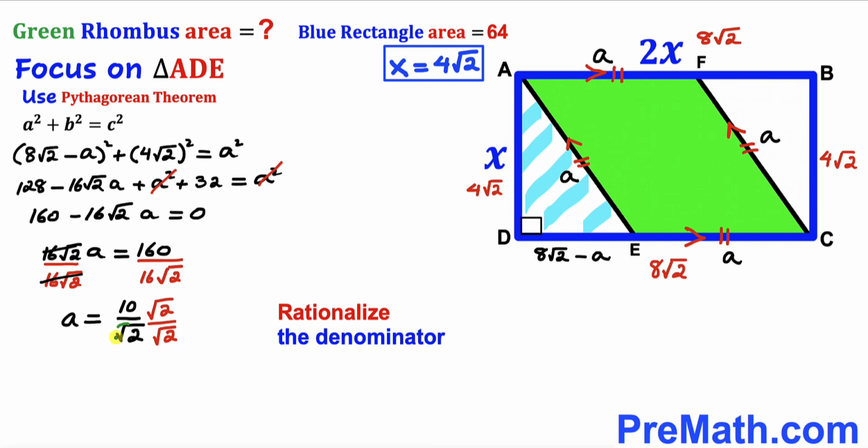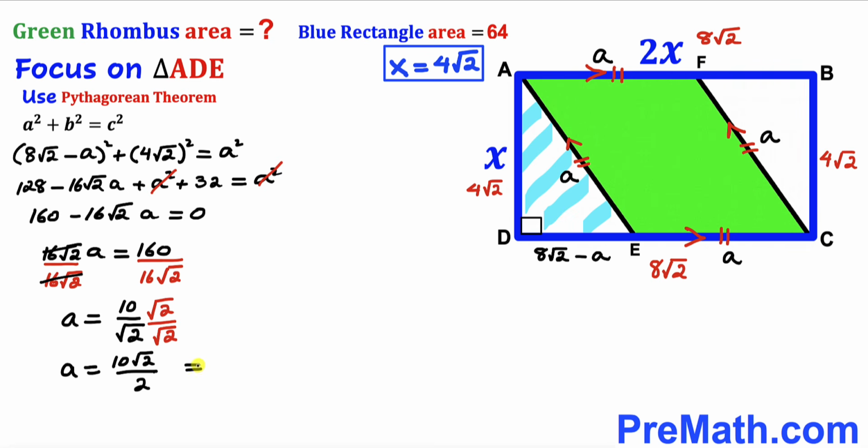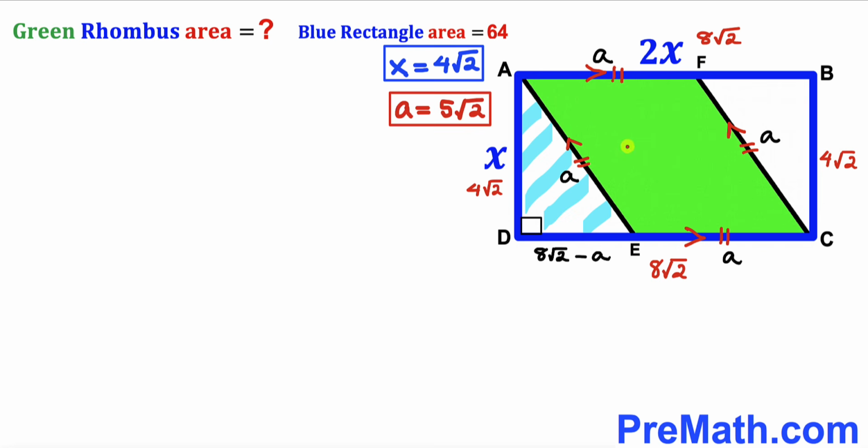Square root of 2 times square root of 2 is simply 2. So a value is 10 times the square root of 2 divided by 2, and if we reduce this, our lowercase a value is going to be simply 5 times the square root of 2. And here's our final step.